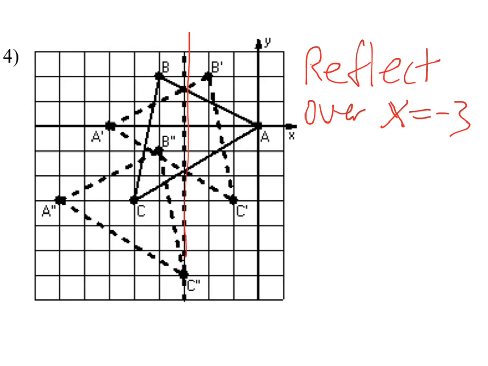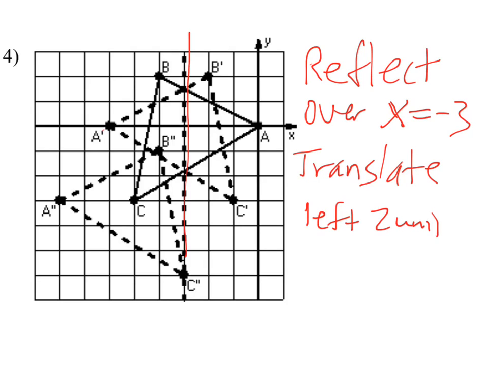And then the next part is going from here down to here, which the orientation is the same. We have A, B, C, A, B, C. And so that's just a translation. So this one's also translate. It's looking like I had to go left 2, down 1, 2, 3. So that is translate left 2 units, down 3 units.